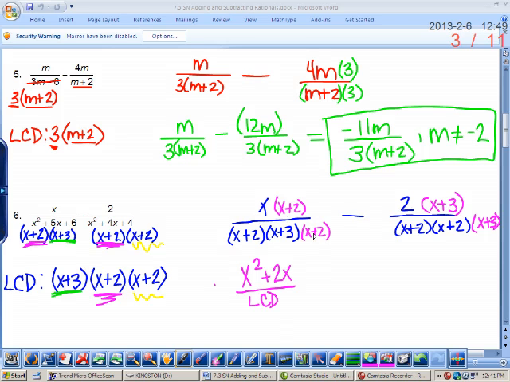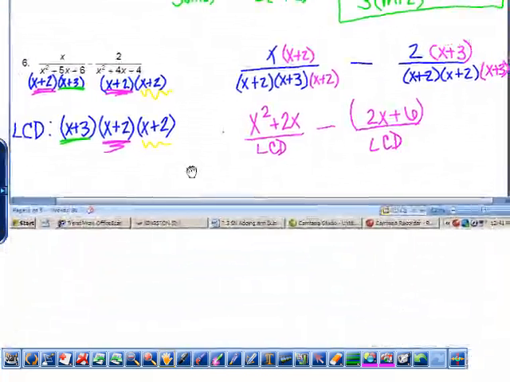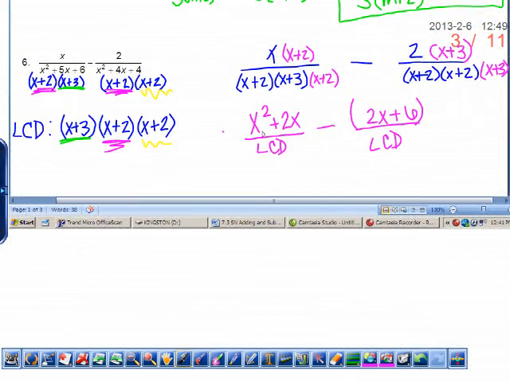So this is x squared plus 2x minus, what do I need to do around my numerator? Parentheses, good. As soon as you see that minus, 2x plus 6 over my LCD. Okay, once we have LCDs, what can we do? Yeah, just subtract across your numerator.